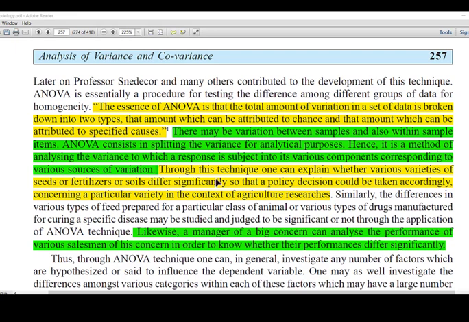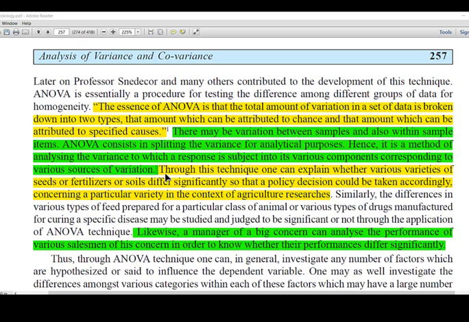The essence of ANOVA is that the total amount of variation in a set of data is broken down into two types: that amount which can be attributed to chance and that amount which can be attributed to specified causes. There may be variation between samples and also within sample items.